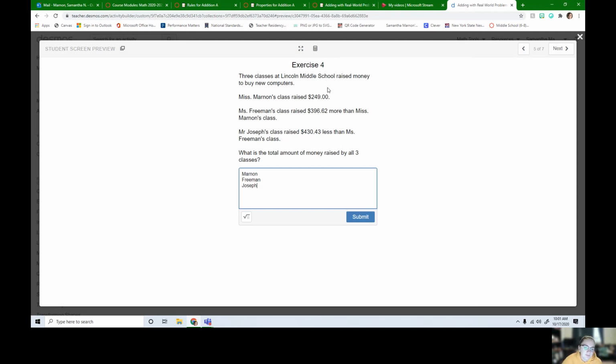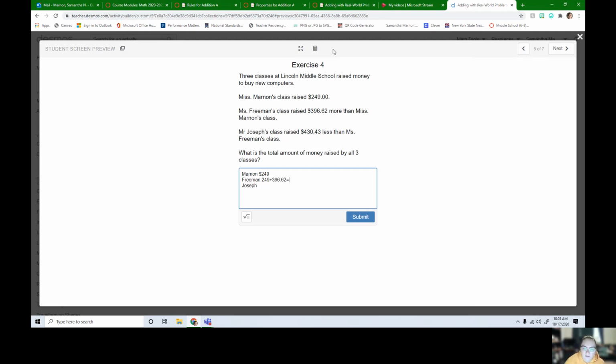Okay, so this problem tells me right here, the sentence, Miss Martin's class raised $249. So there's nothing else for me to do. I got $249. Miss Freeman raised $396.62 more than me. So this "more" is telling me that we are going to be adding on to what I got. So she is 249 plus that 396.62.